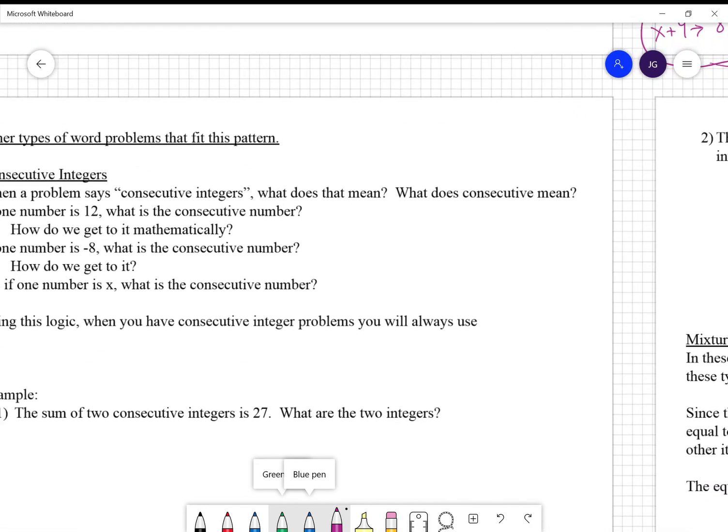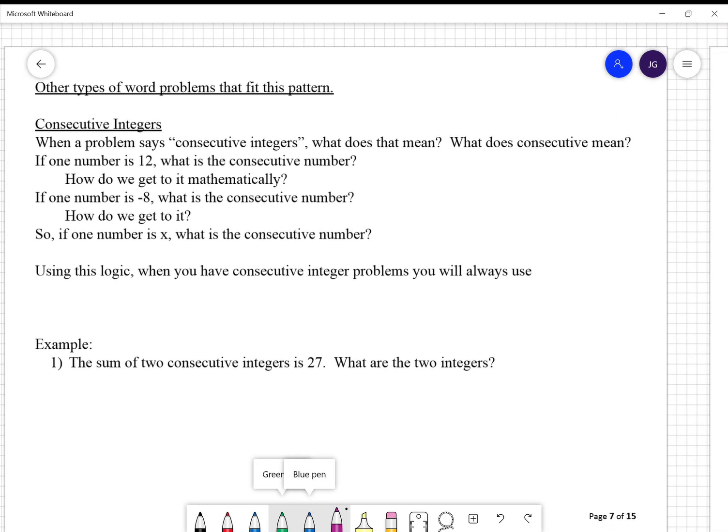All right. Other types of word problems that will fit this pattern. Consecutive integer problems. Well, what does consecutive integer mean? What does consecutive mean? Right next to each other, consecutive. The next one.